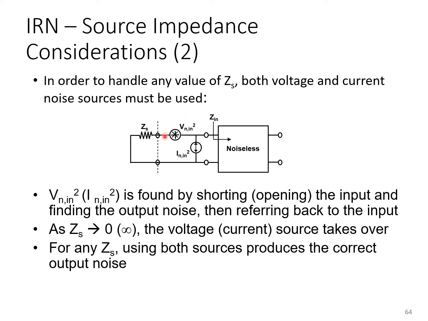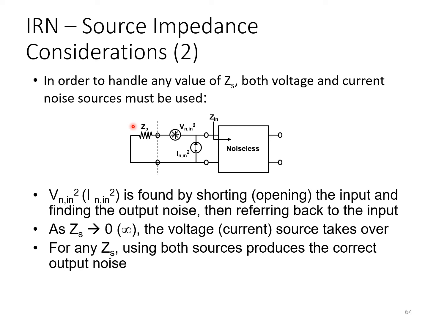The input-referred voltage noise source is found by shorting the input terminals here and finding the resulting output noise, and then referring it back to the input, whereas the input-referred current noise source would be found by leaving these terminals open, that is, setting ZS to infinity, and finding the resulting output noise and referring it back to the input.